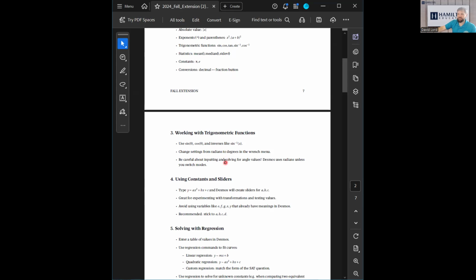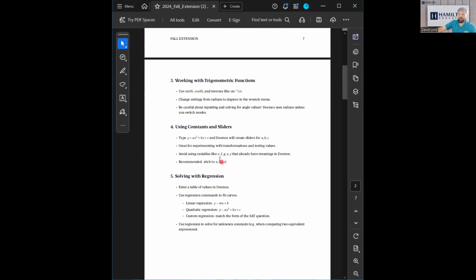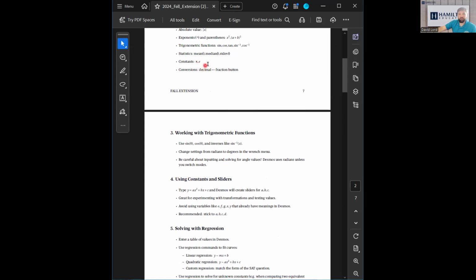And we'll also talk about what things to watch out for when inputting angles into Desmos. For the fourth thing, we will talk about how to use the constants and slider features of Desmos. So Desmos has a lot of cool features built in where you can use the letters that the SAT gives you and just plug in numbers to see which one best matches or gives you the correct answer. So we'll show that in a moment, but definitely things to watch out for is you don't want to use the letter E because E is a number that's preserved.